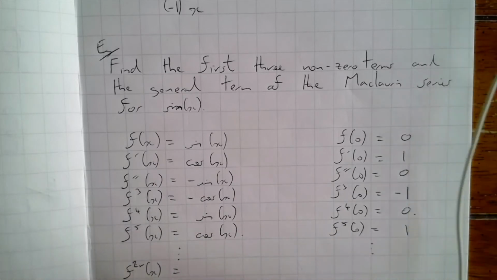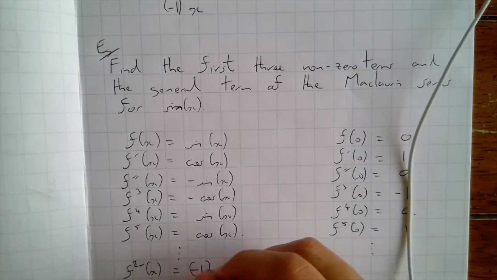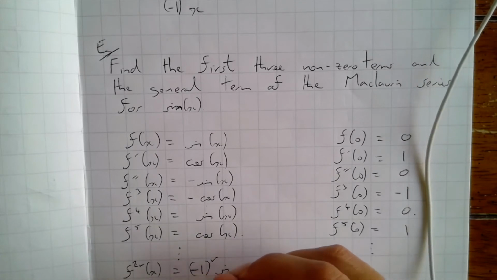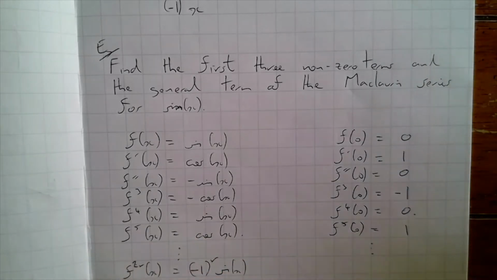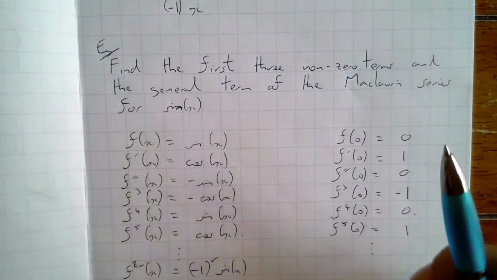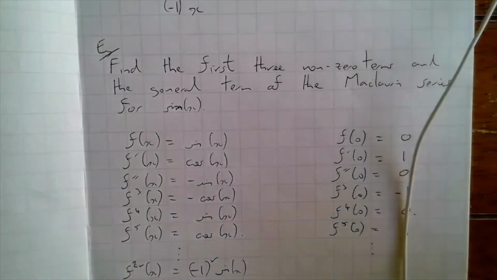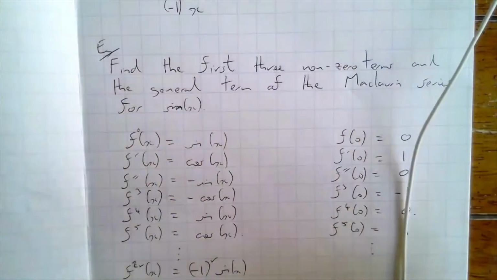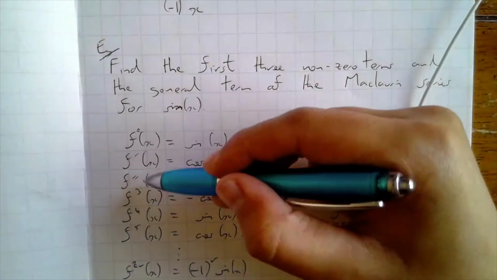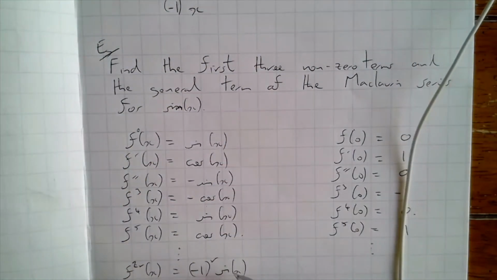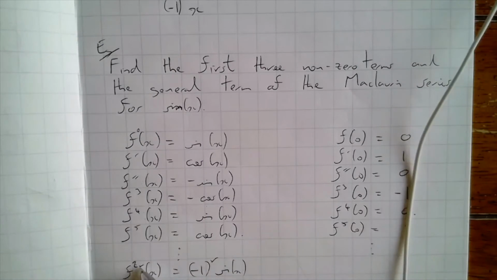So f of 2r is going to be minus 1 to the r sine x. So what's going on here? Well, this is obviously not been differentiated at all, so I could almost feel like a 0 there. So 0, 2, 4, so all the even terms I've got sine x's on, so that's why I've got a 2r here to go for the evens.